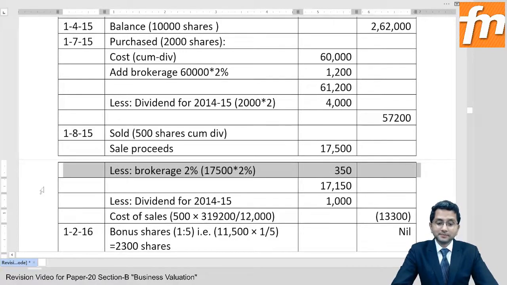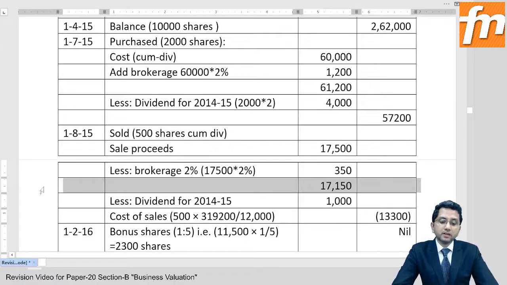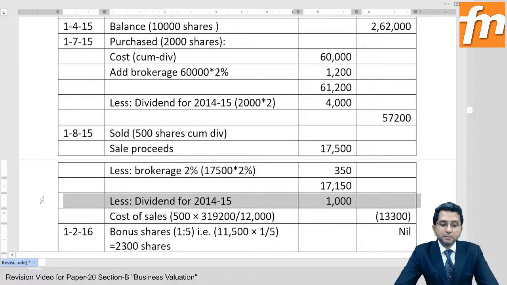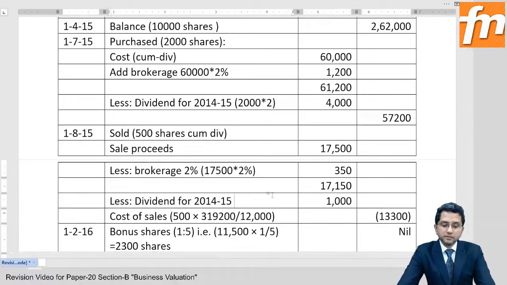Deducted. Net sale proceed is 17,150. Less the dividend paid. This is cumulative of dividend, so you need to deduct dividend, 1,000. How come 1,000? It's 500 shares multiplied by 2.